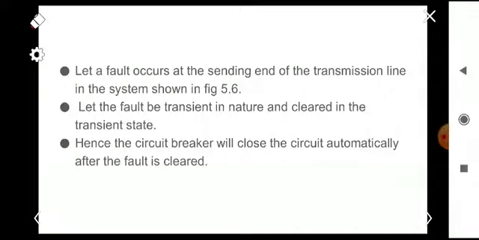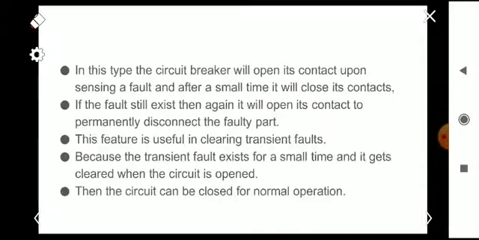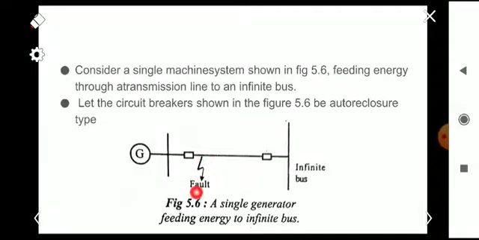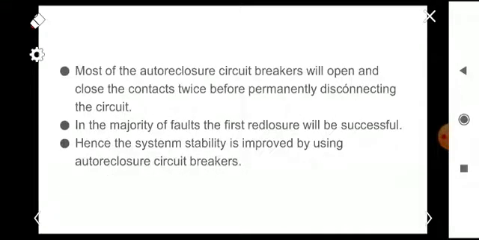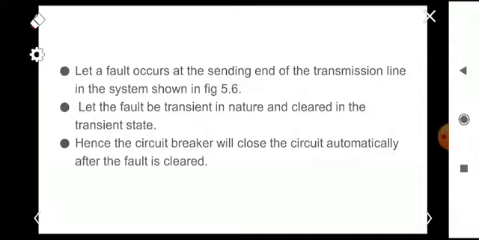Let a fault occur at the sending end of the transmission line in the system in the previous figure. Let the fault be transient in nature and cleared in the transient stage. Hence the circuit breaker will close the circuit automatically after the fault is cleared.